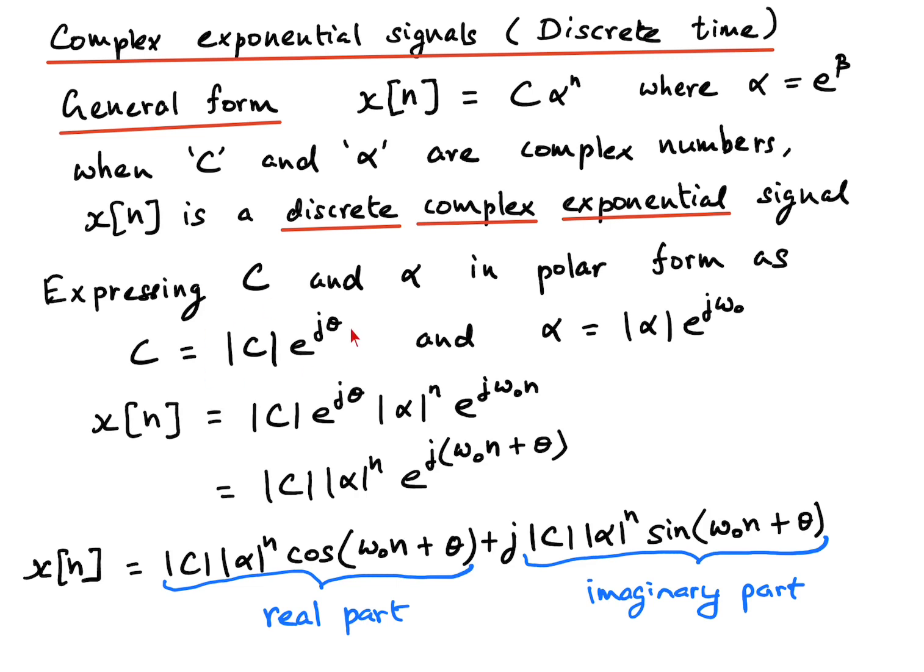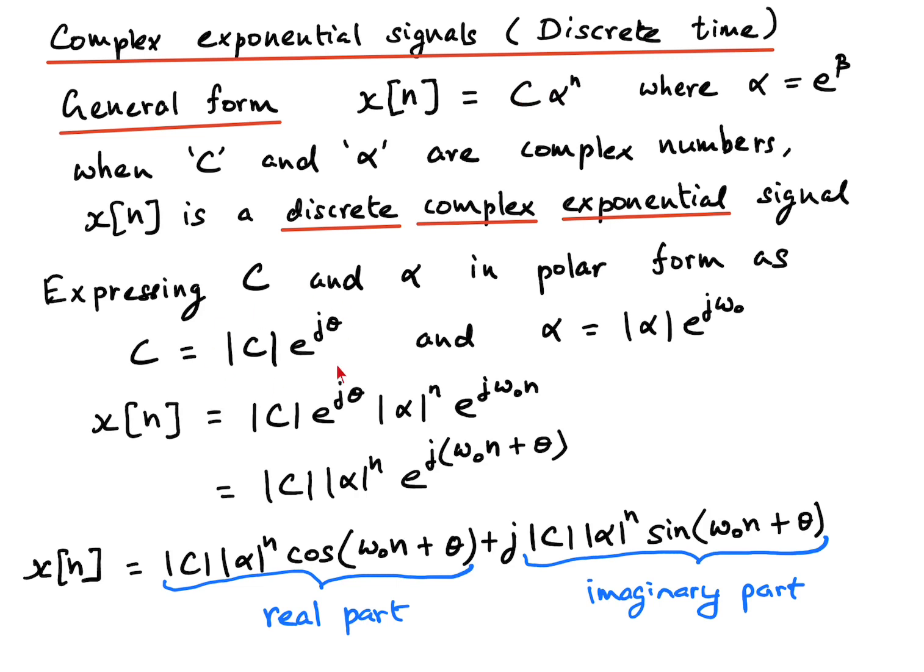Okay, so we are going to denote the parameter C in polar form as magnitude of C e power j theta. So the magnitude of C and the phase of C is theta, and similarly the parameter alpha is going to have its magnitude as magnitude of alpha, and its phase is omega naught. Now we can substitute these in our general expression for the discrete complex exponential, and that gives us magnitude of C e power j theta.